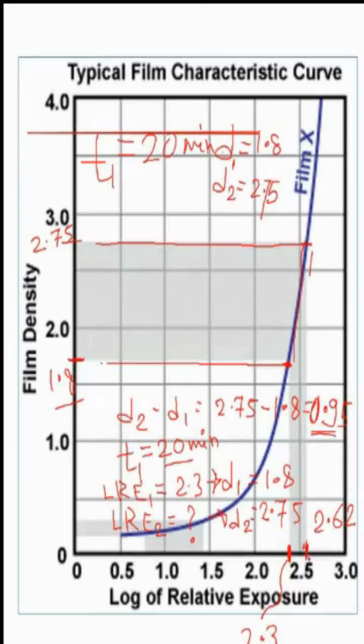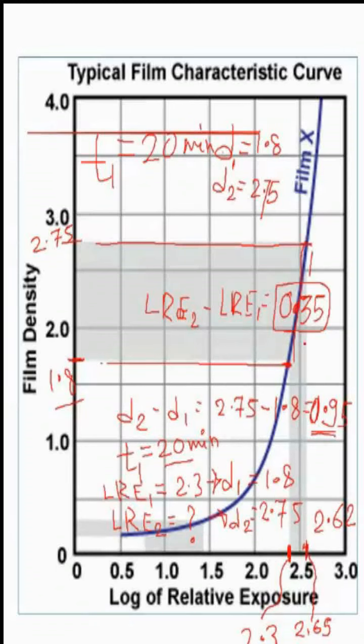From here we get some value of LRE2. So what is the value of LRE2? It is 2.65 or 2.6. Then we have to subtract LRE1 from LRE2. This value will be 0.35.